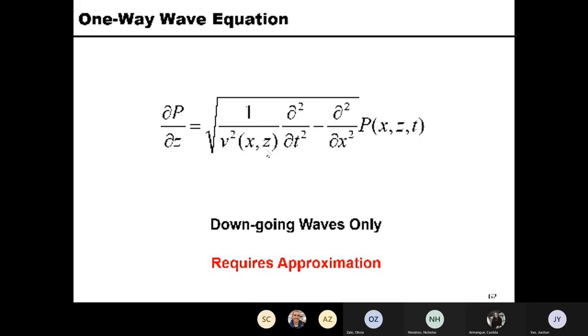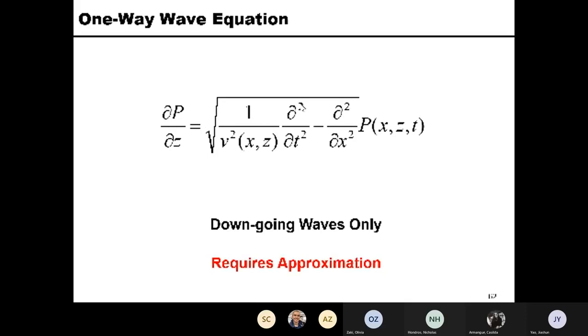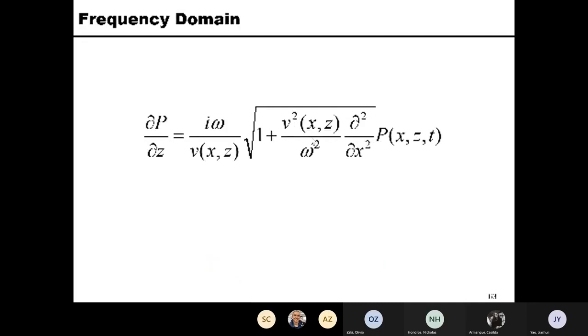But he tried to do that. What he did was transform your time variable, the time second order derivative, into the frequency domain, giving minus omega square.